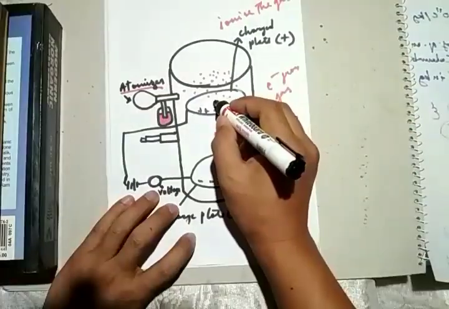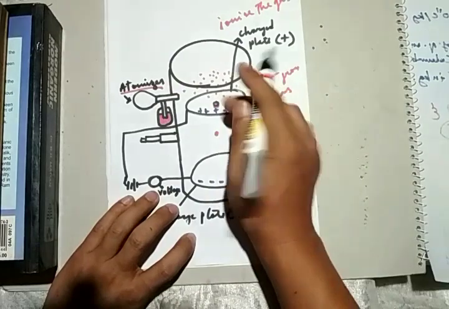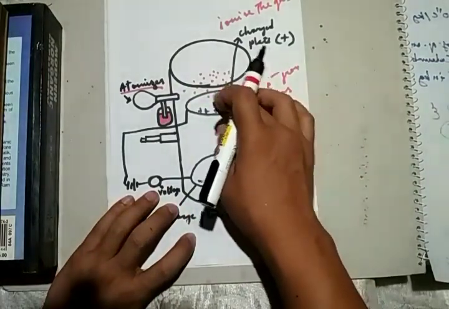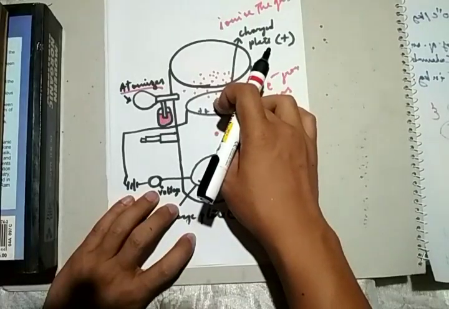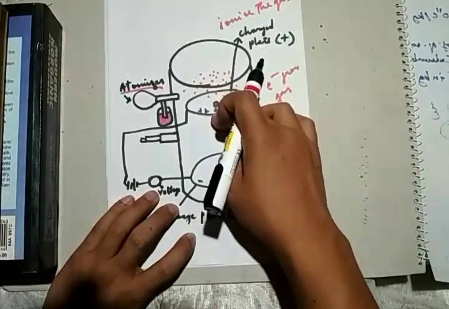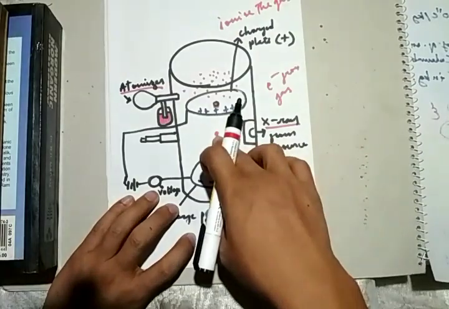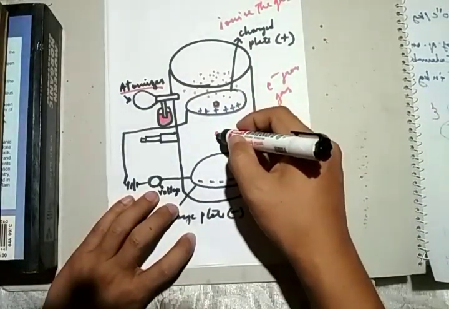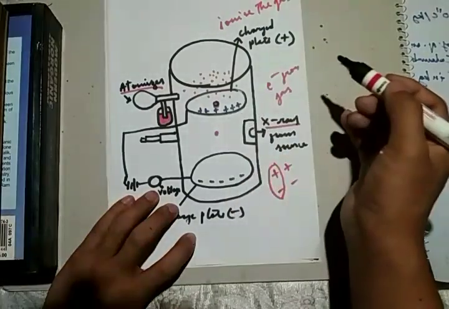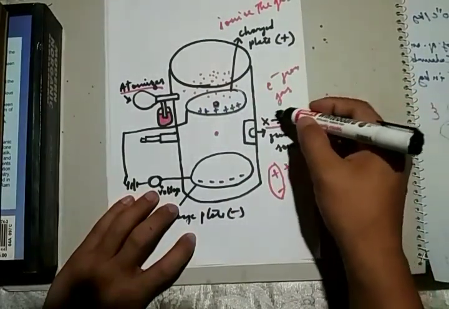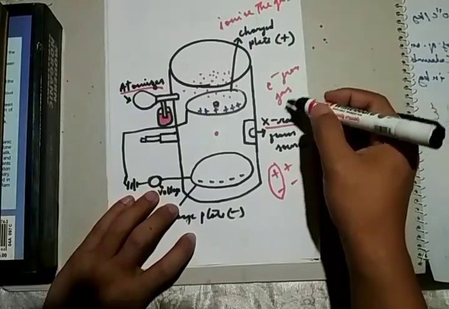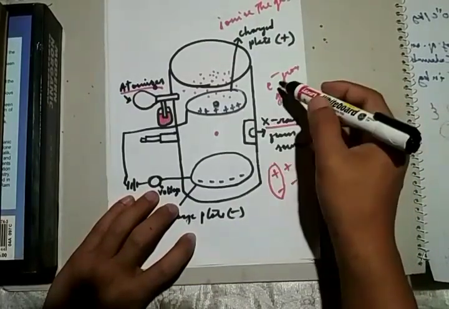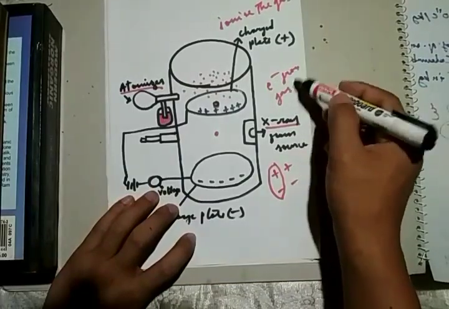And we know that there is a small hole at the upper plate, where the droplets fall through due to gravity. One more point: when the X-ray falls on the gas, it will separate the electron from the gas.